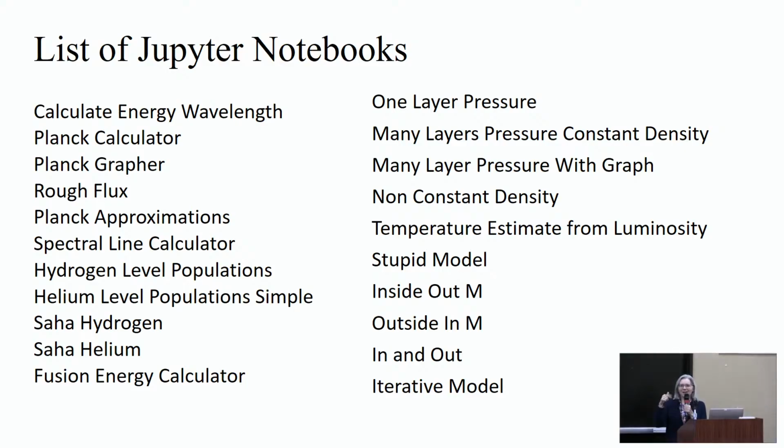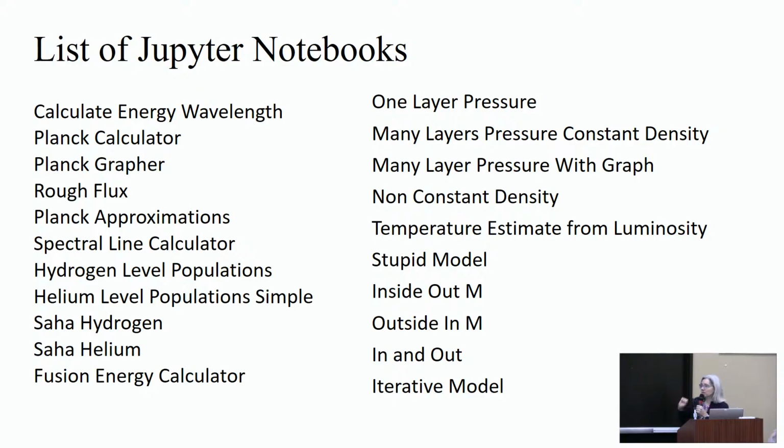And part of why I created that notebook is that's a great place to put in a loop so that they can loop through the different upper levels and do these calculations. And again, it's a calculation they've kind of seen before, that energy wavelength conversion, but now in this loop, showing them more programming ideas. And then subroutines come into it very soon after that.